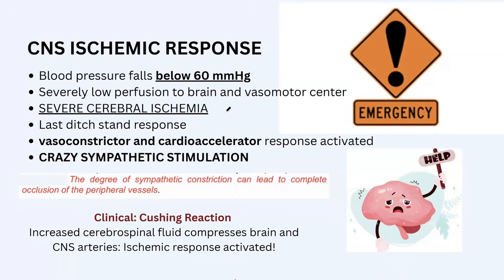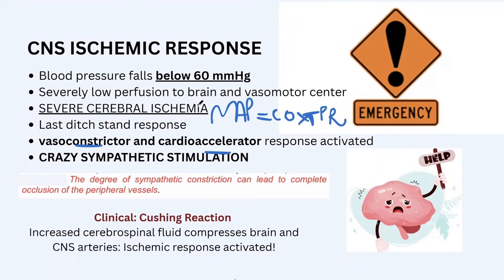What happens is that you have a crazy sympathetic stimulation by the brain. You have a vasoconstrictor and cardiac accelerator, which means that, if you remember the equation, mean arterial pressure equals cardiac output times total peripheral resistance, okay?